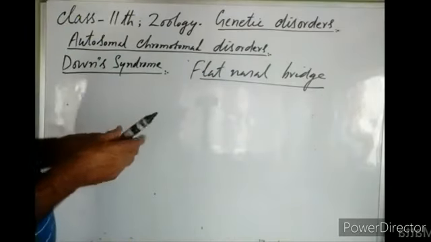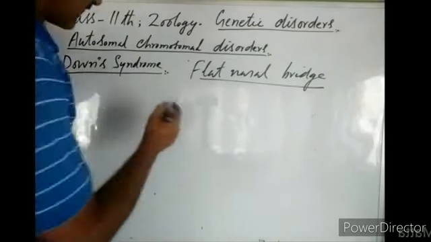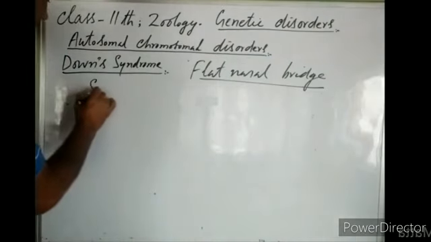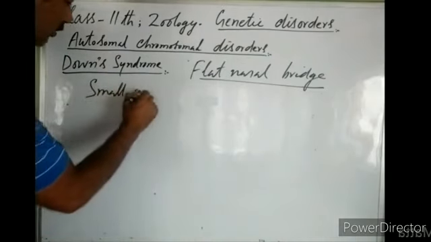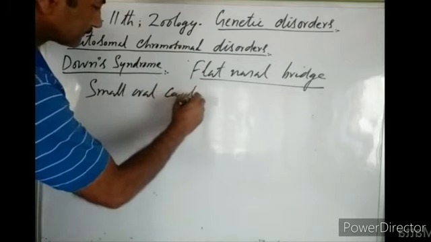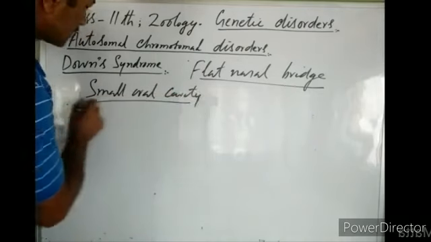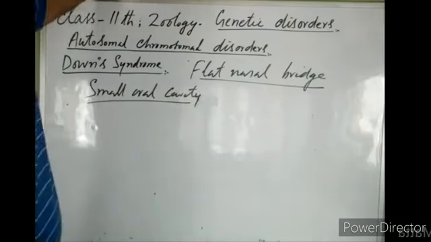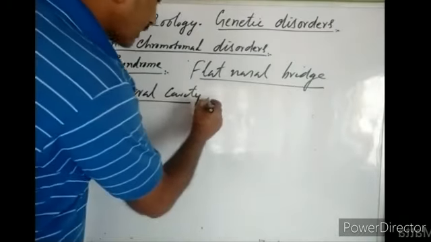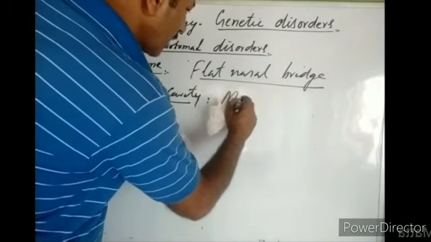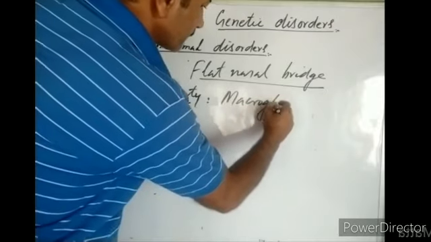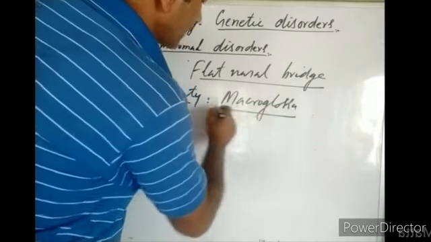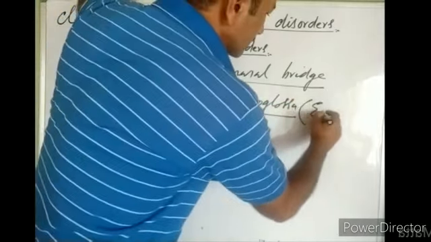That is another feature. They have a small oral cavity. In this small oral cavity, they have macroglossia. Macroglossia means enlarged tongue.